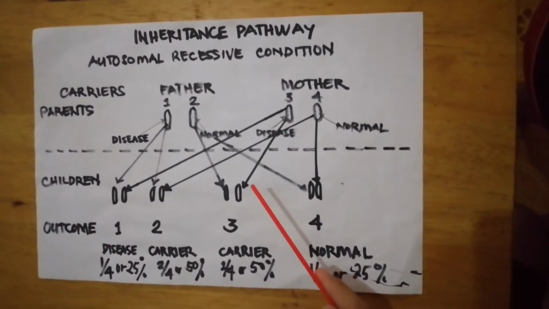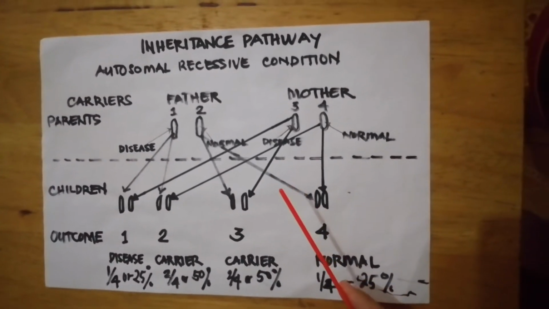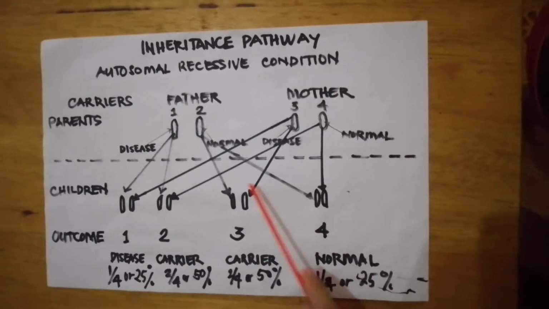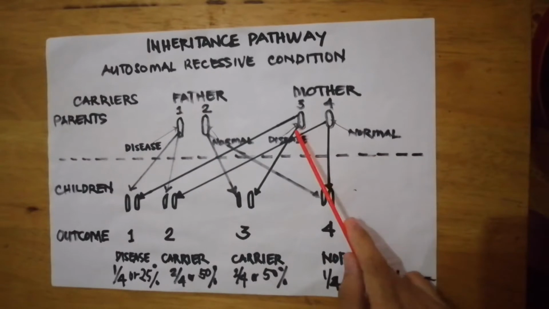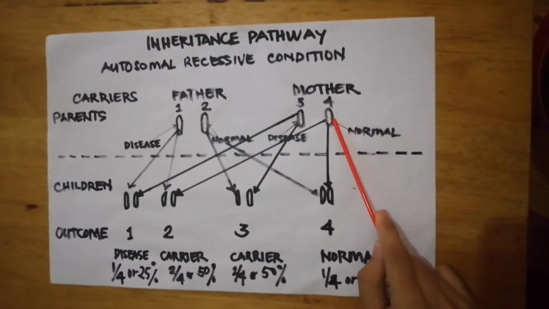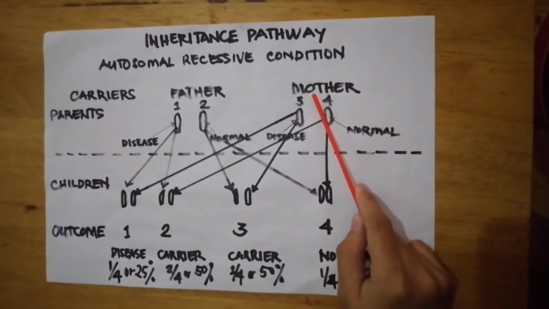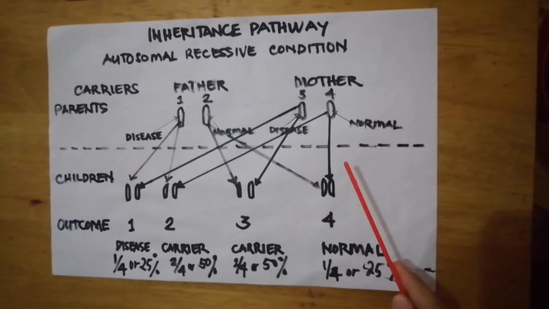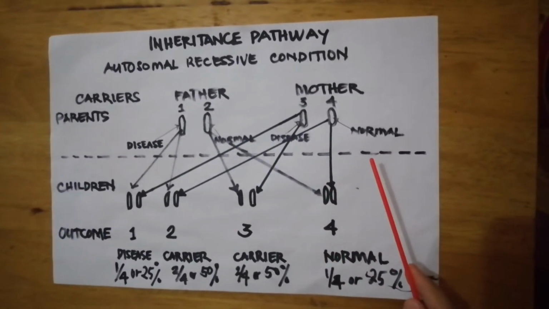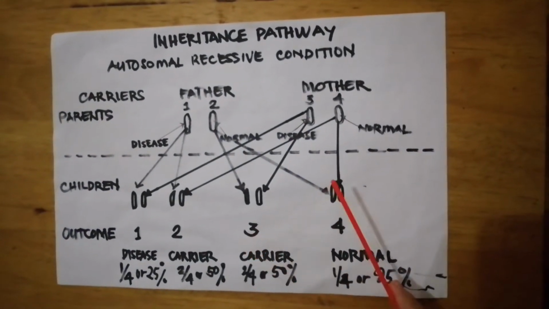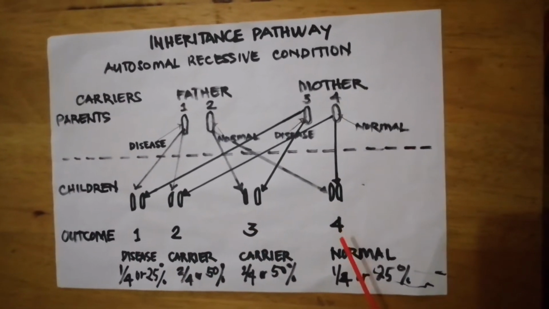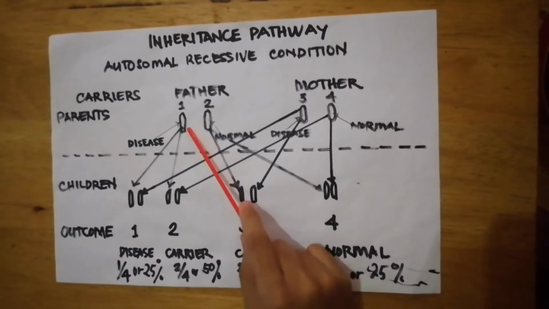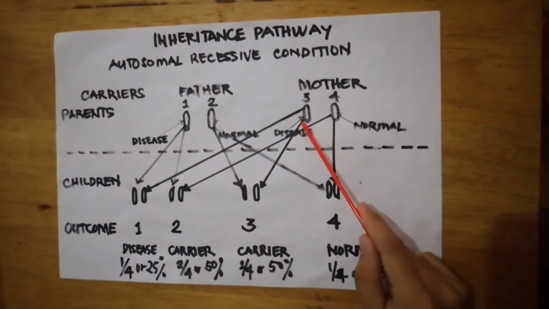I labeled the copies of the gene that could be inherited from the parents as copy 1 and copy 2 from the father, and copy 3 and copy 4 from the mother. There are always 4 possible outcomes to the inheritance of this particular gene: 1, 2, 3, and 4. Outcome 1 is copy 1 from the father and copy 3 from the mother.